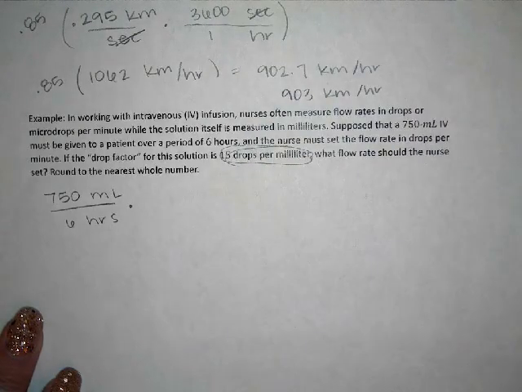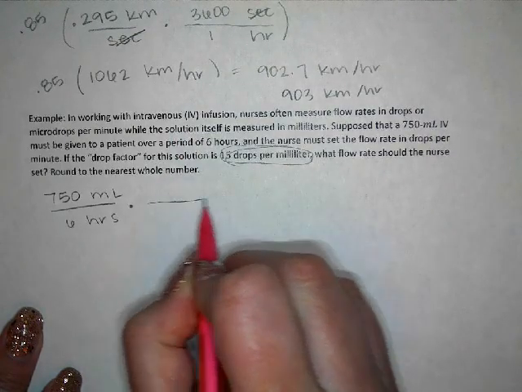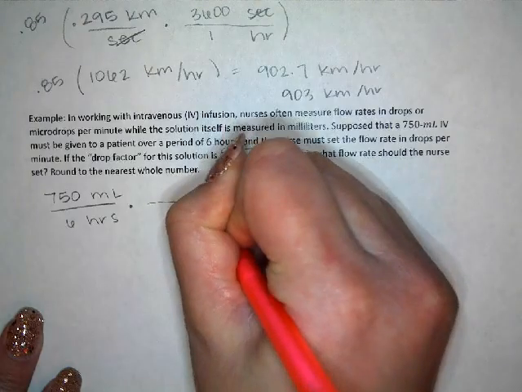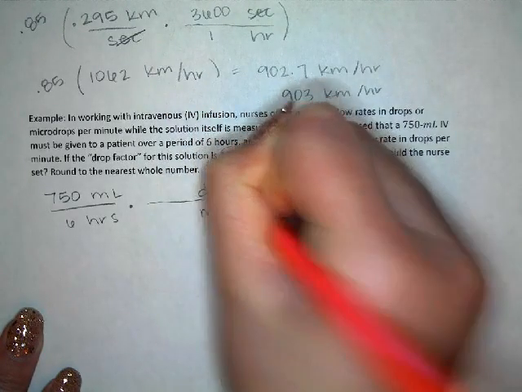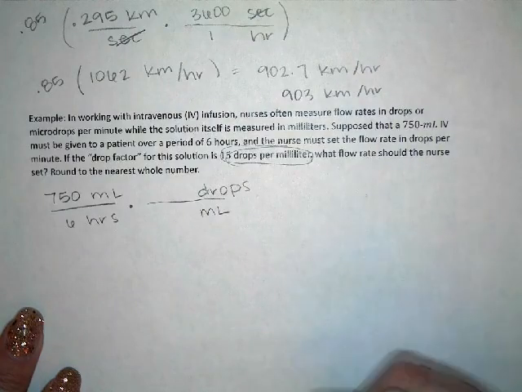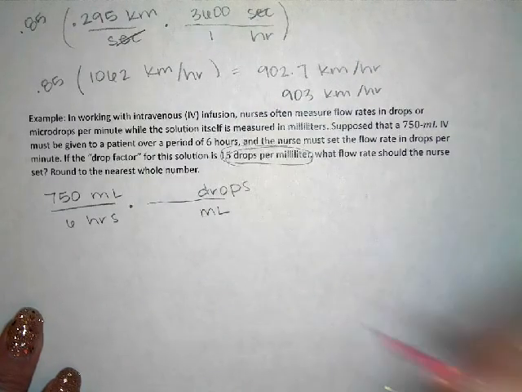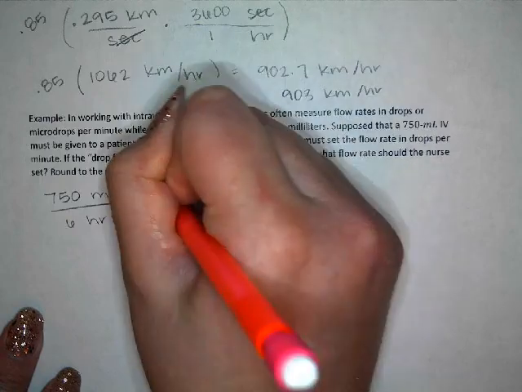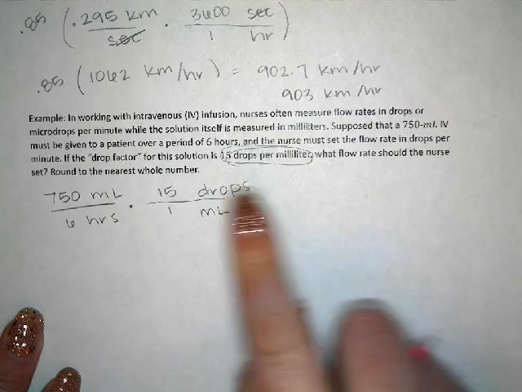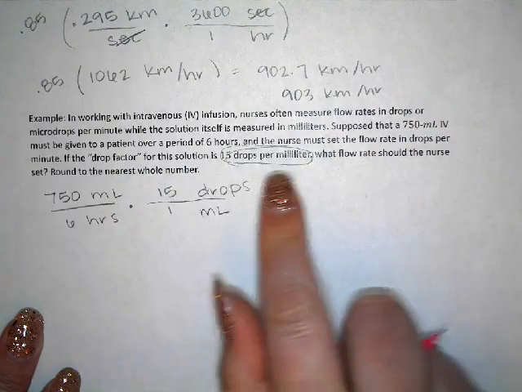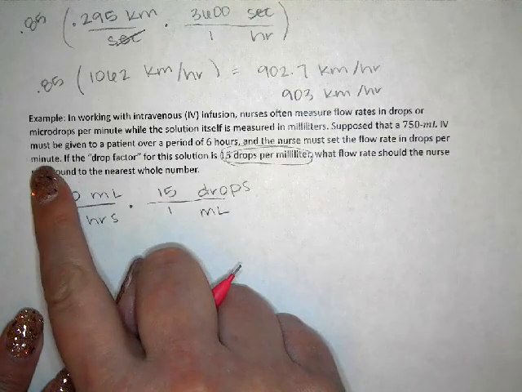So I'm going to get rid of the milliliters and I'm going to compare it with the drops. I'm introducing drops in the problem. I'm getting rid of milliliters in the problem. So 1 milliliter per 15 drops. And then the flow rate we want to have is drops per minute. That's what we want at the very end of the problem. And right now we have drops per hour.